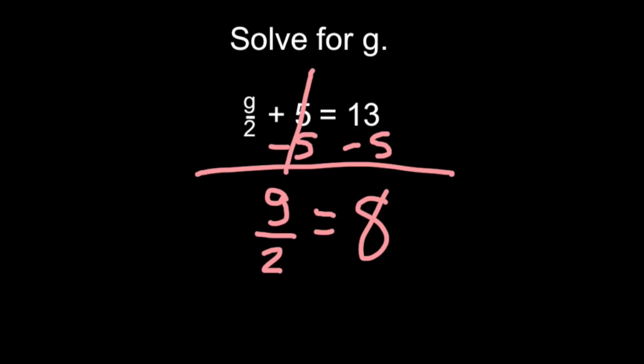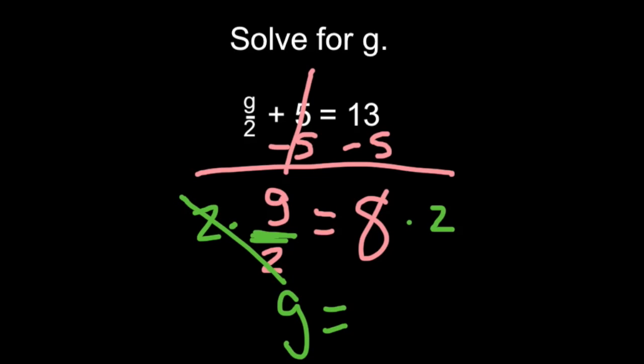The opposite of dividing by 2 is to multiply both sides by 2. 2 divided by 2 is 1g equals 8 times 2 is 16.